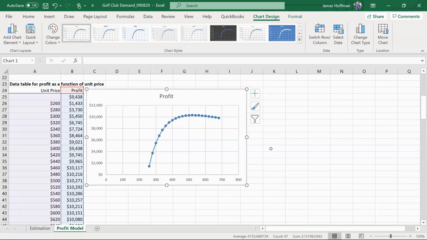Okay, so we can put the title in just like you see here. So this is data table for profit as a function of price, and then this is the graph. So we can call this, if you go up here, just complete the title, profit.